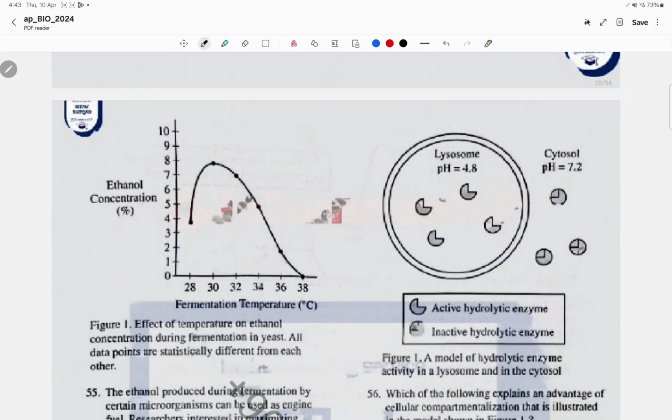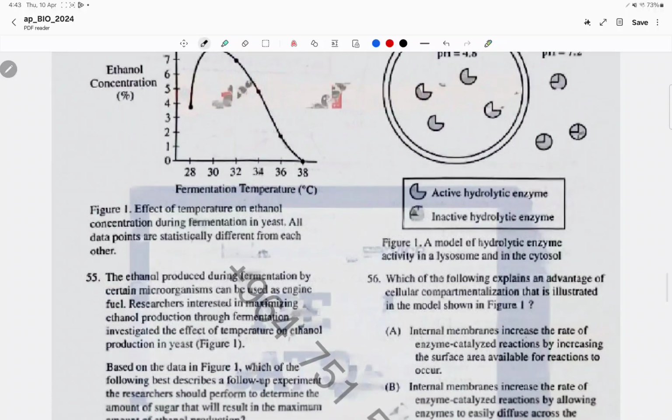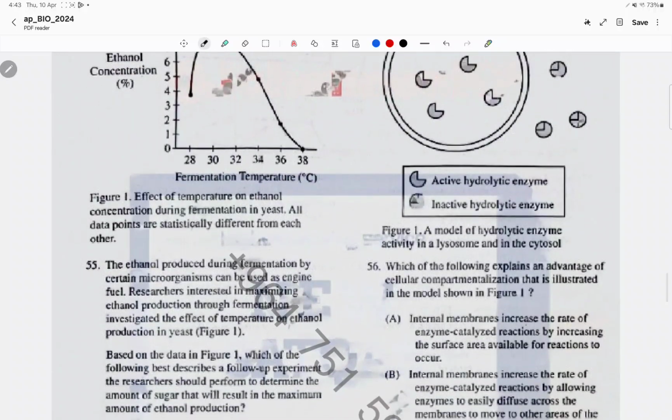Okay, so here it shows that fermentation temperature and ethanol, they affect each other. Ethanol produced during fermentation by certain microorganisms can be used as engine fuel. Researchers interested in maximizing ethanol production through fermentation investigated the effect of temperature on ethanol production in yeast.